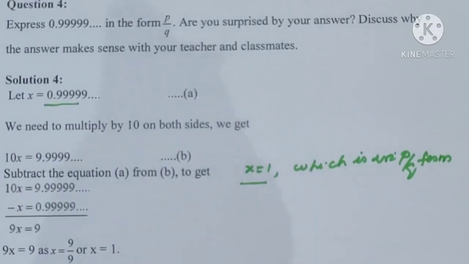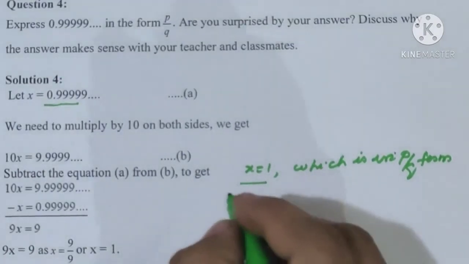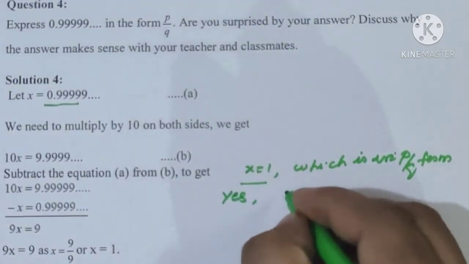Since the question is asked, we can say that we are surprised by the answer because 0.999 etc. is equal to 1, isn't it? So we'll write that yes, we are surprised.